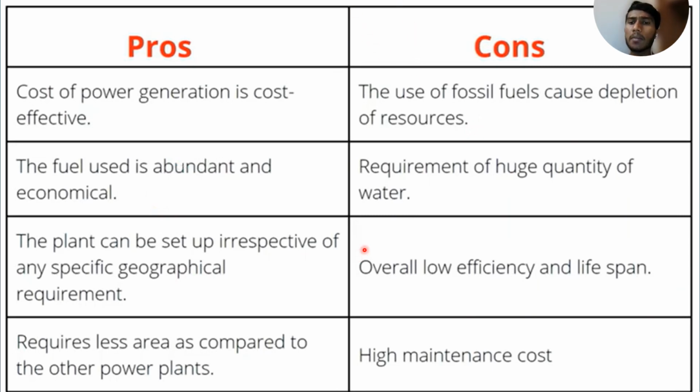And there is a requirement of a huge quantity of water, we require more water for this plant. Overall low efficiency and lifespan, here the efficiency and lifespan will be less as compared to others.